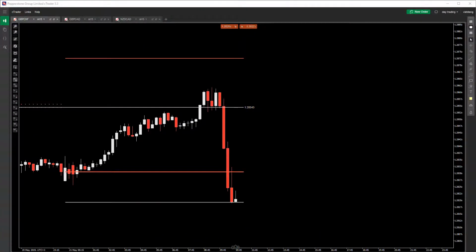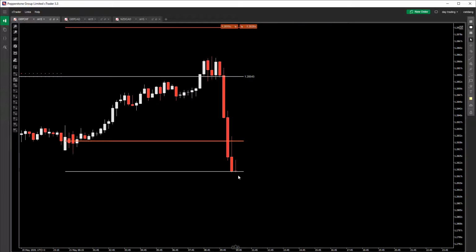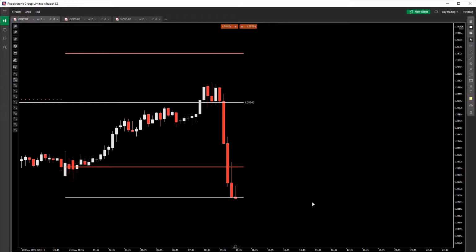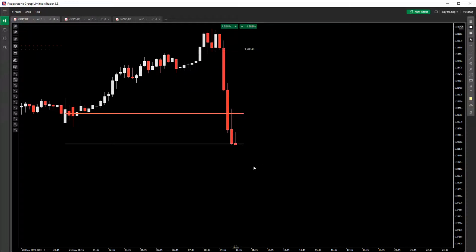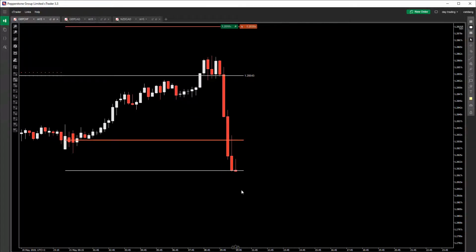This is how much of a difference three 15-minute candles can make a price chart look. We had a really strong push down from sellers here, looking at the British pound Swiss franc, and it's now almost clearing out the last intraday support level that I have. As much as I'd like to take a trade right now, I am extra cautious because this could be a fake breakout.